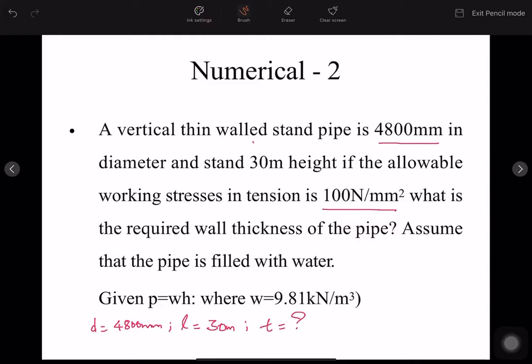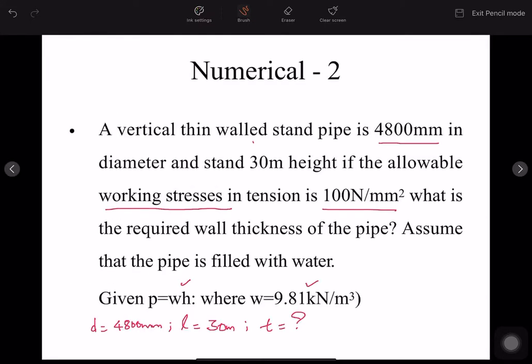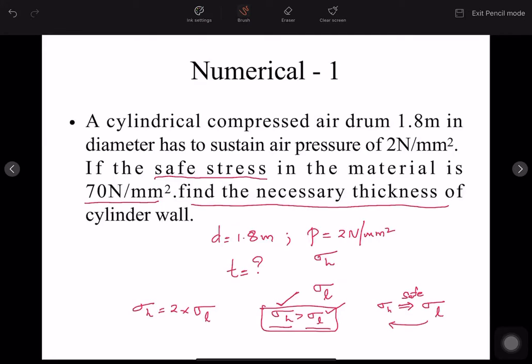Assume the pipe is filled with water and the internal pressure is given as W into H. This kind of equation we have seen in one of the previous numericals also. So here he has given allowable working stress, again a similar kind of terminology like in the previous problem, like safe stress.